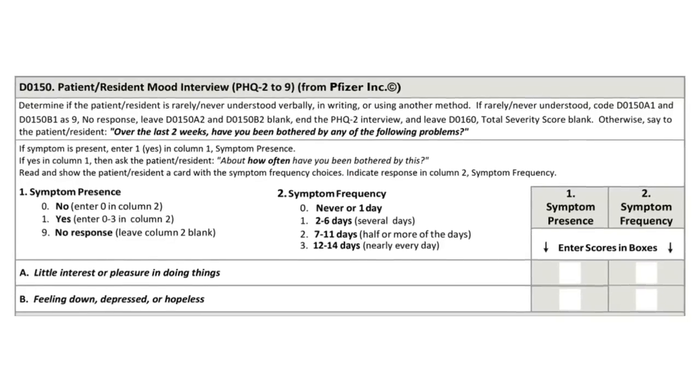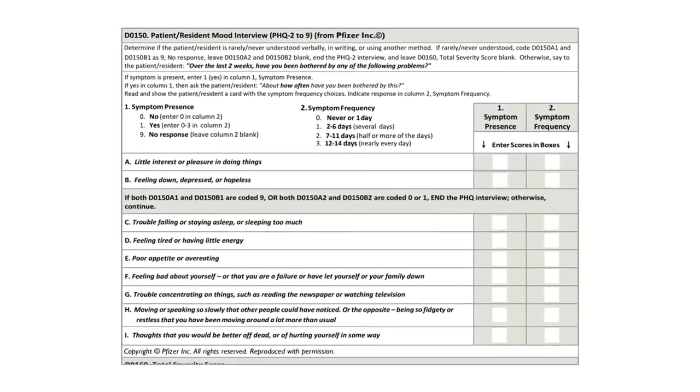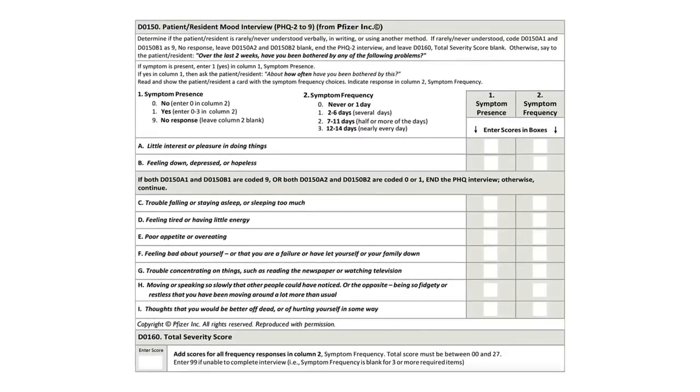Once coding for the first 2 questions is completed, the interviewer determines if the assessment should continue. The determination of whether to ask the remaining 7 questions, D0150C to D0150I of the PHQ-2-9, depends on the patient or resident's responses to questions about the first 2 symptoms.